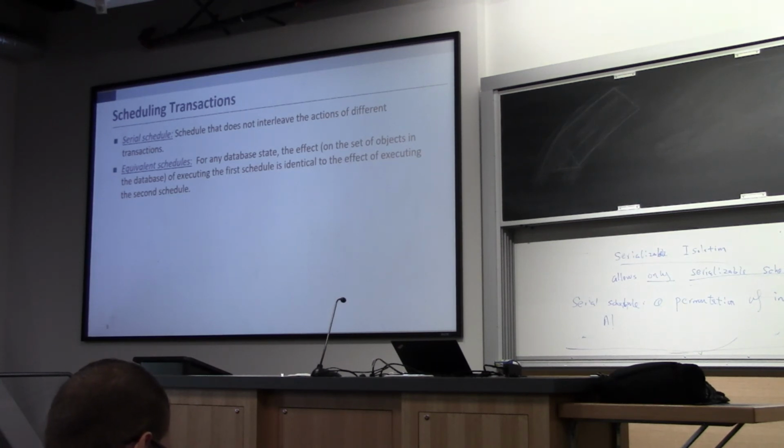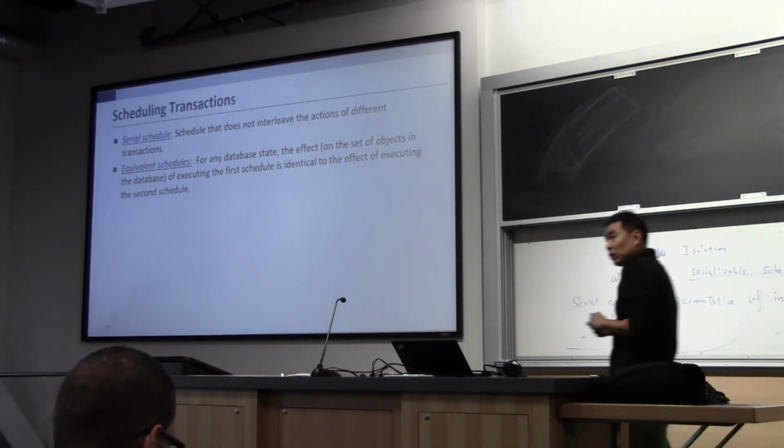Do you follow me? So basically, you're checking the end state of your database. If the end states are the same, the two schedules are equivalent for the same set of transactions. You execute them differently, interleaving them as much as you want, in any order you wish. At the end of the day, when the transactions commit, the states of the database are equivalent. That's called an equivalent schedule.